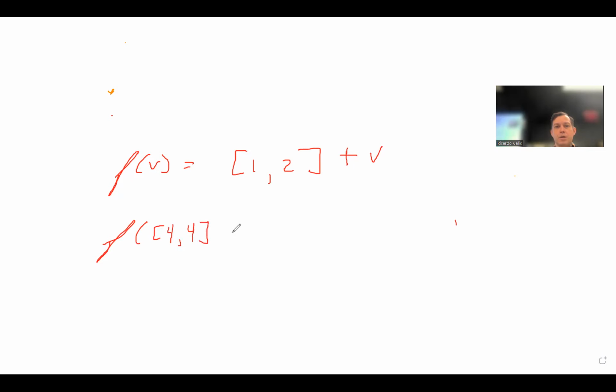All right. So basically, I'll just dive into it. Imagine a very basic operation on vectors. I have a function that takes v. We define this function as being [1, 2] plus v. What is v? v is going to be some random vector. So basically, we're just going to start by adding things up. I call my function f, and now I give it the vector [4, 4]. So in these operations, you have [1, 2] plus [4, 4].